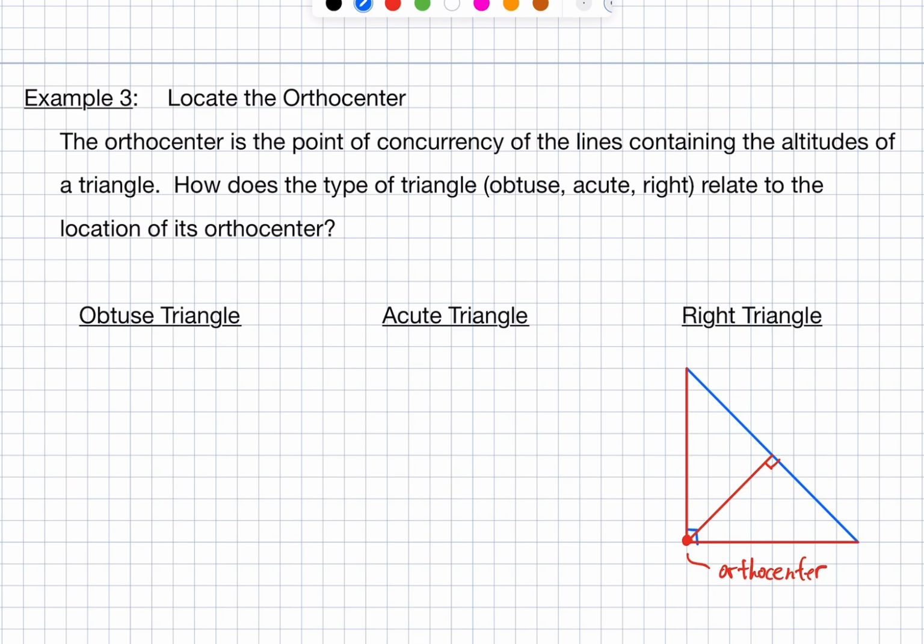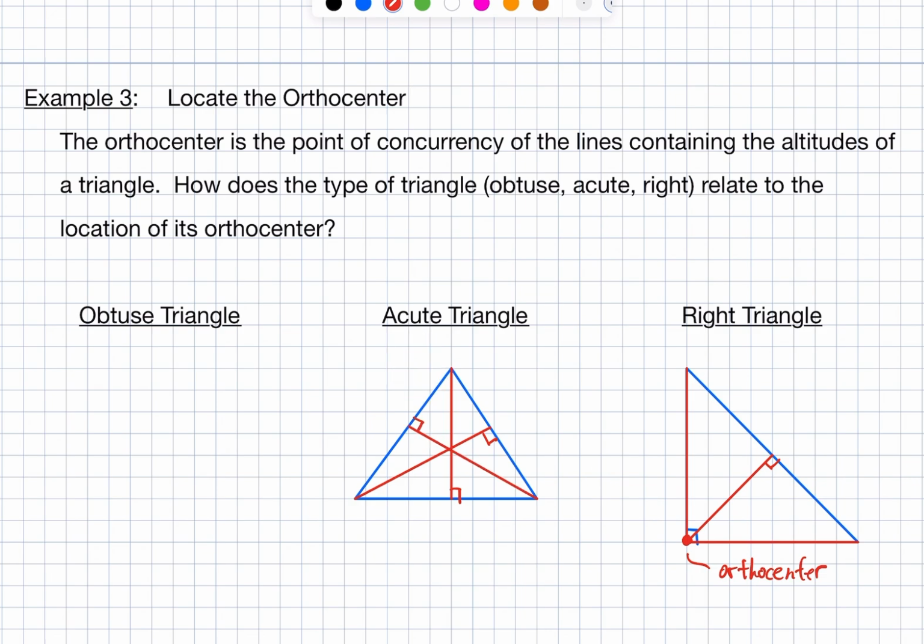Now let's take a look at what happens with an acute triangle. Okay, so here's an acute triangle where all three angles of a triangle are less than 90 degrees. And if we go ahead and draw the altitude, so from this vertex to the opposite side, go ahead and draw a right angle here, and then from this vertex here to the opposite side lands us right here, and then the last one from that vertex to the opposite side lands us right about there.